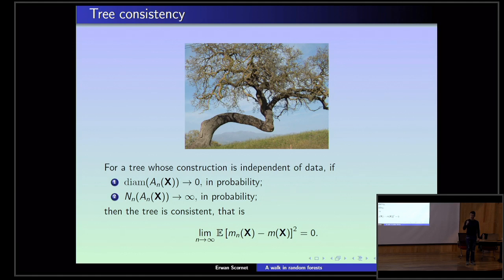Here what I can do is compute the difference between the mean of y, which is the prediction of the algorithm, and the best constant in my cell. And this allows to say that the difference tends to 0 when n tends to infinity. Okay, because basically it will say that I'm well estimating the expectation of y given the fact that x falls into this cell by the empirical mean value of y in this cell.